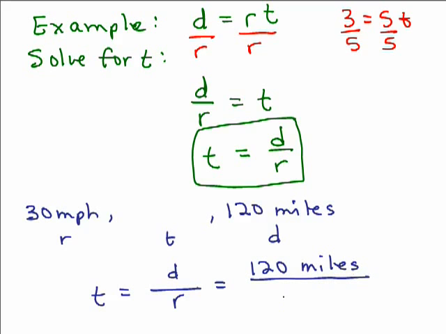The rate is 30 miles per hour. So miles per hour basically means the hour would be in the denominator here, and when you multiply by the reciprocal, you would get 4 hours, which is what we had. So there's an example how you could use this formula, t equals d over r, to figure out the number of hours.